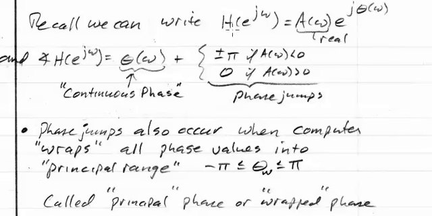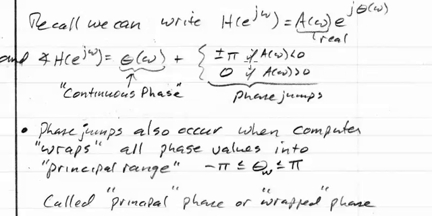The phase of the frequency response, written here, is equal to theta, this part without the J, plus any plus or minus pi whenever this thing goes negative. Whenever this thing goes negative, we pick up a plus or minus pi.